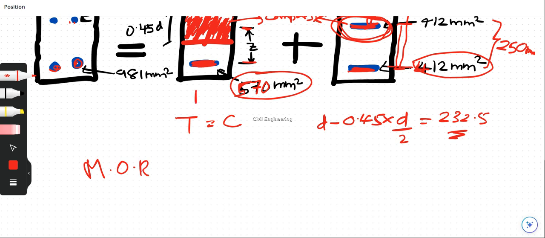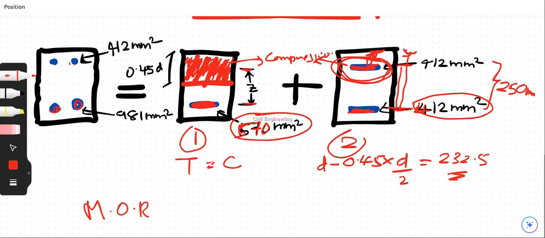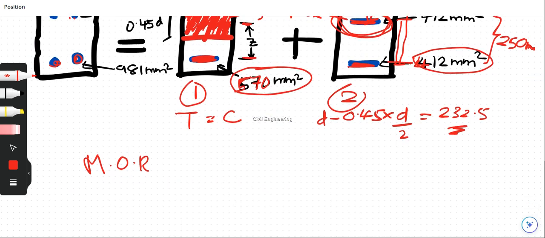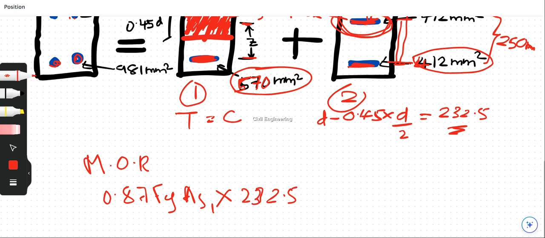Then we can find the moment of resistance of each part. Let's take this one as 1 and this one as 2. The moment of resistance by tensile reinforcement and compression steel is equal to fy As2 times the length of the lever arm.